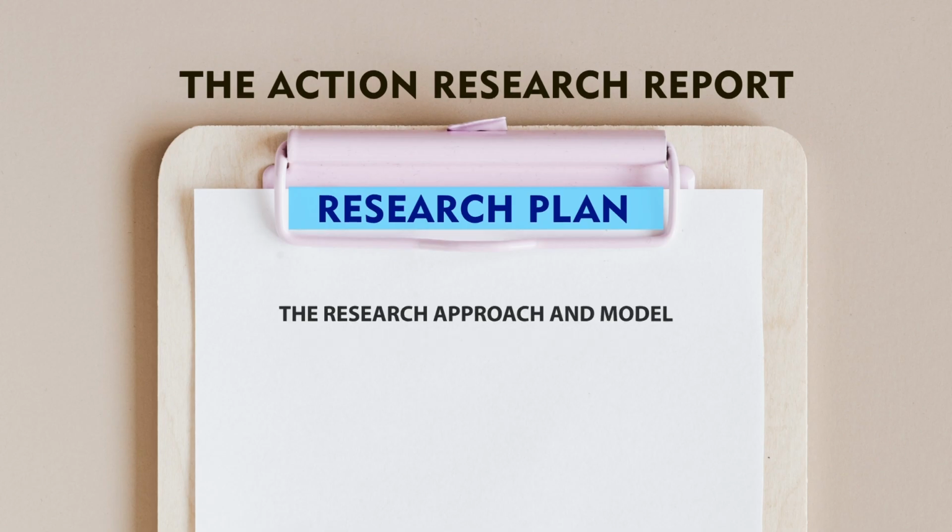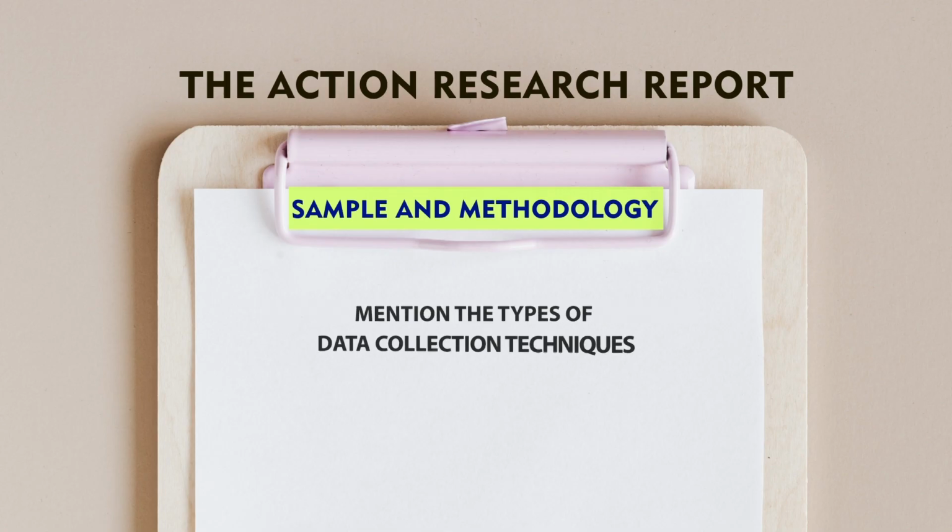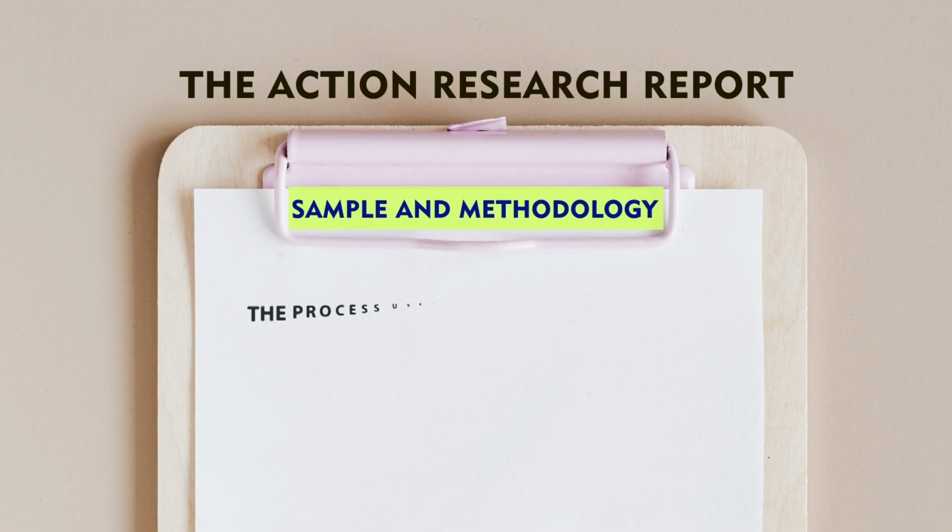You also talk about the research approach which you will follow as well as the model. Then you write about the sample and the methodology for selecting the sample, why you have selected a particular sample and not another sample, what kind of data collection techniques you will use and what kind of process you will use to take up the analysis.